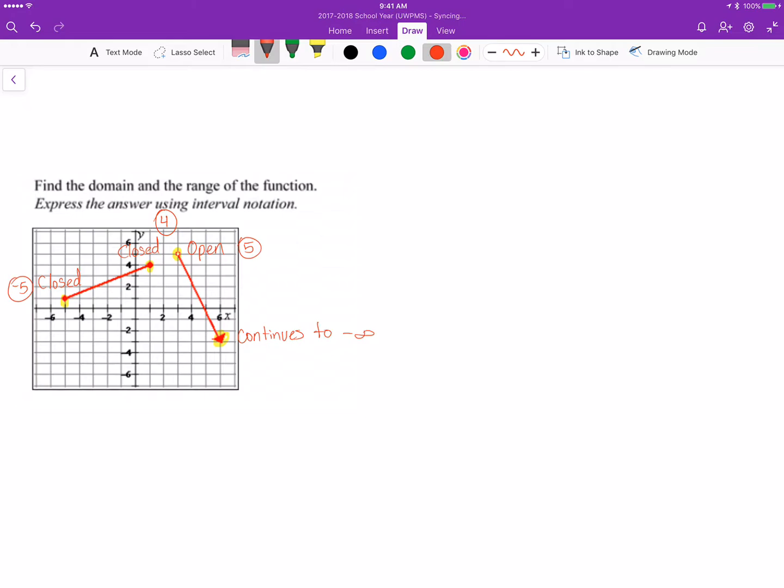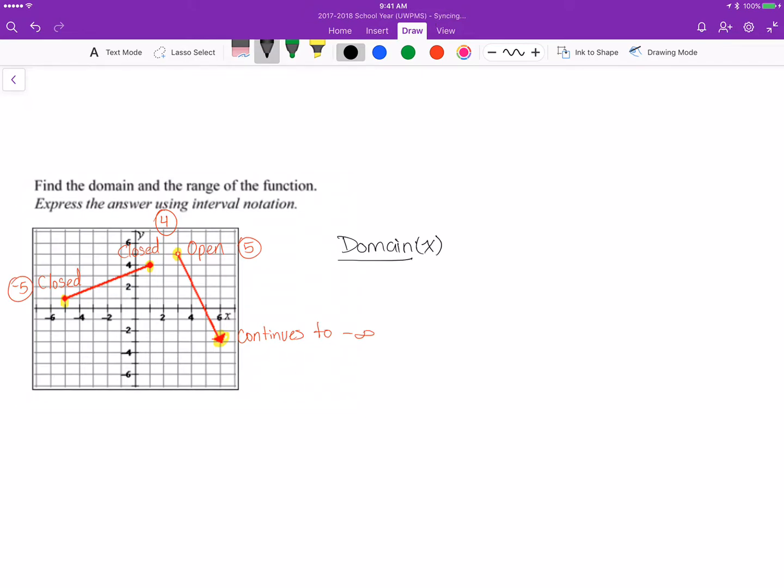So on this one, I see we're analyzing. So let's see. My domain is my x values.